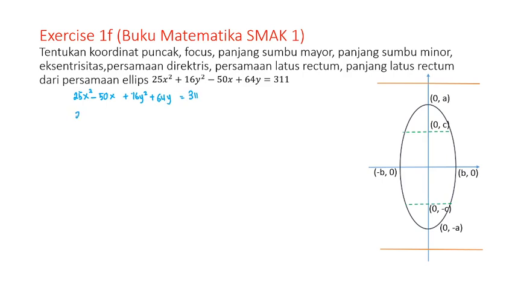Next, we take out the 25, so you have 2x here, and then take out the 16, so you have 4y here. Next, make it a complete square by taking half of the b and putting the square, so this is a complete form.